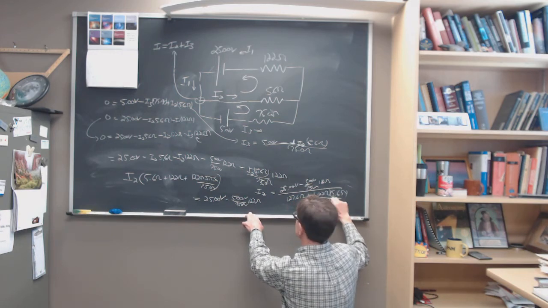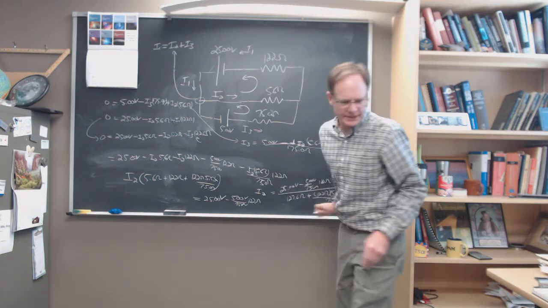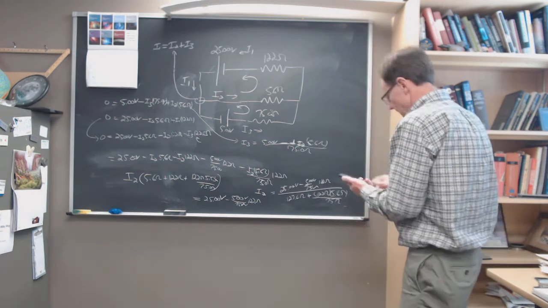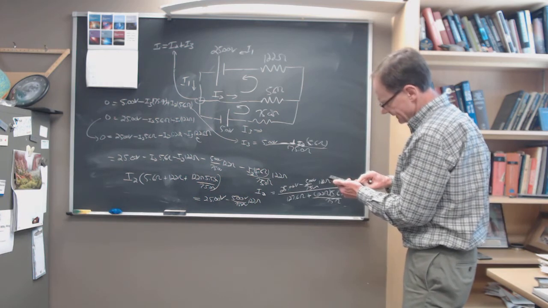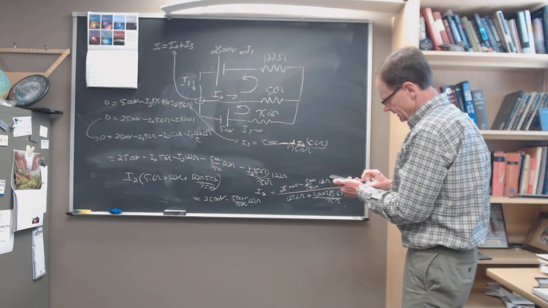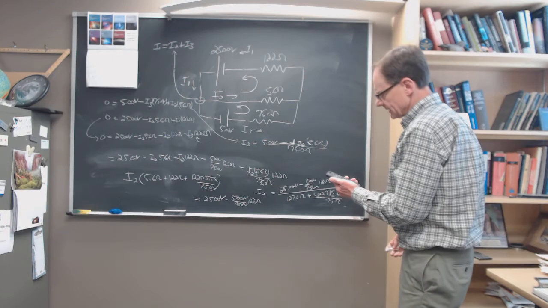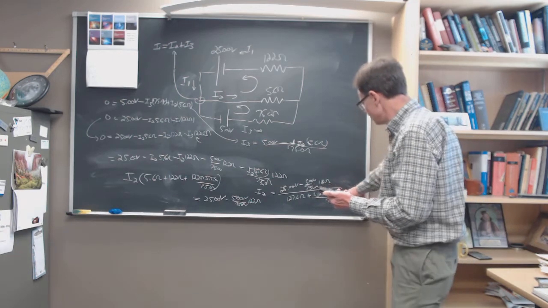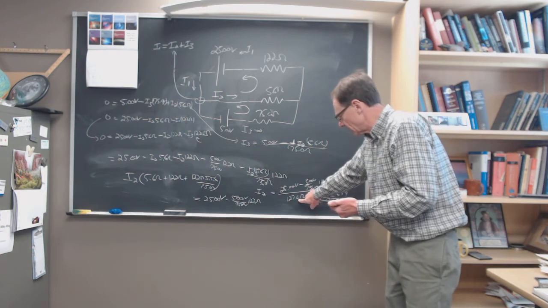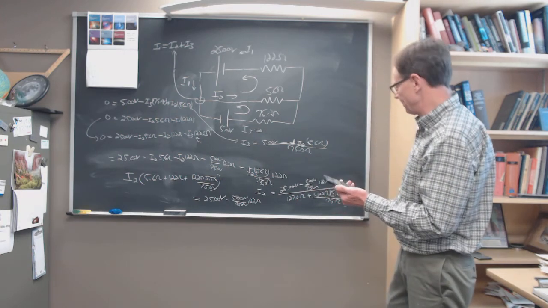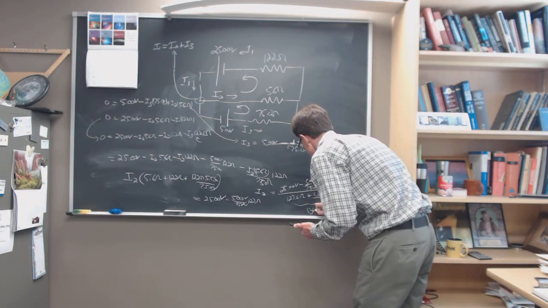So that whole thing on the bottom: 122 times 5.6 divided by 75 is 9.11 ohms right here. So that whole thing on the bottom is going to be about 136.7 ohms.